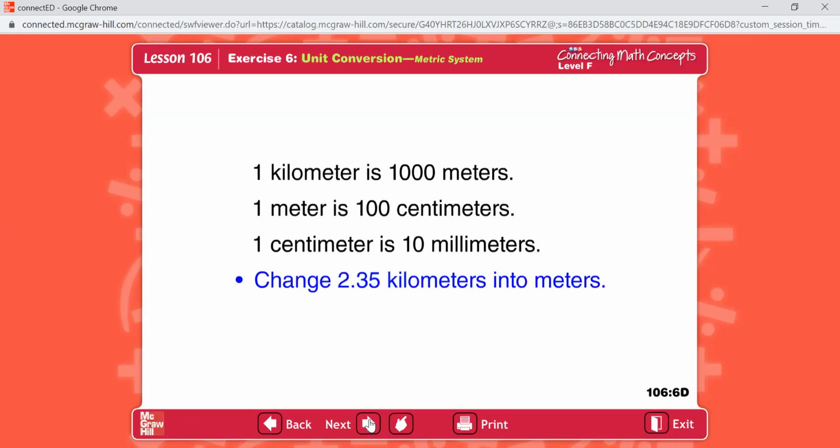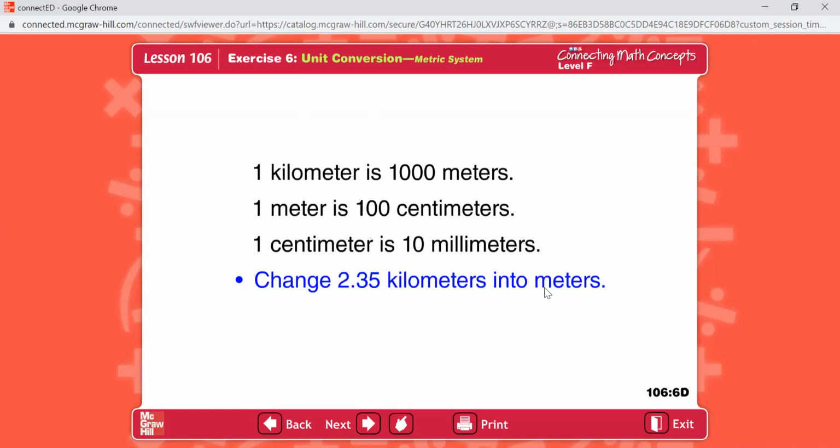Change 2 and 35 hundredths kilometers into meters. Kilometers into meters, so you're moving forwards now. There are more meters than there are kilometers in our fact, so we're moving forward.